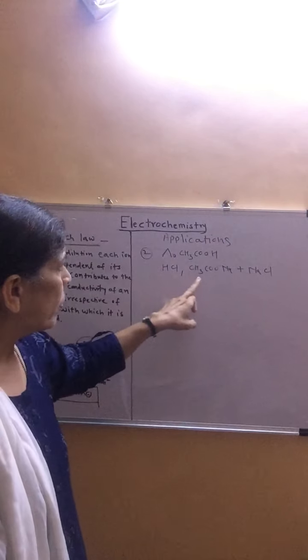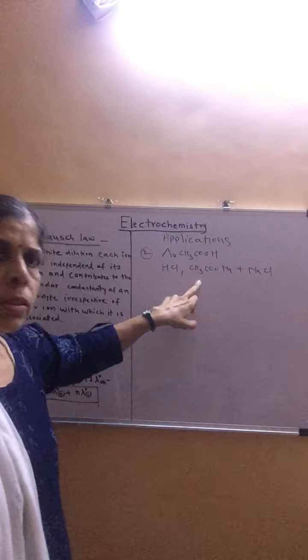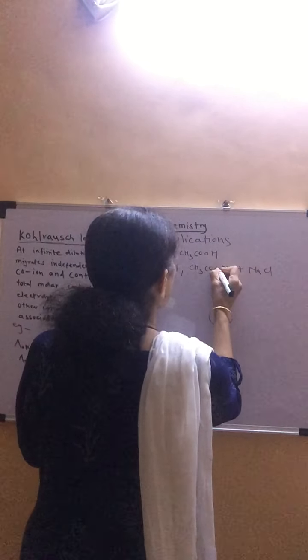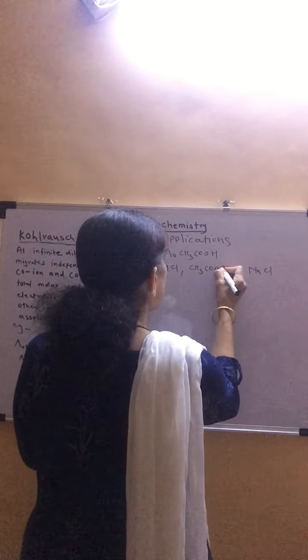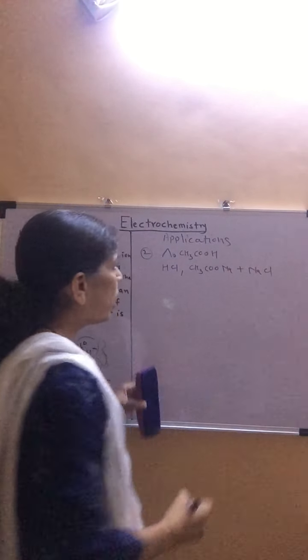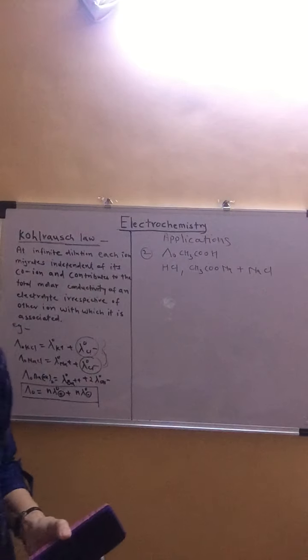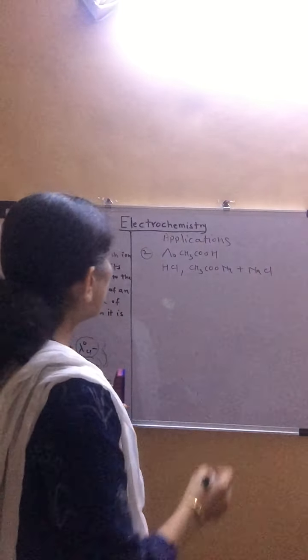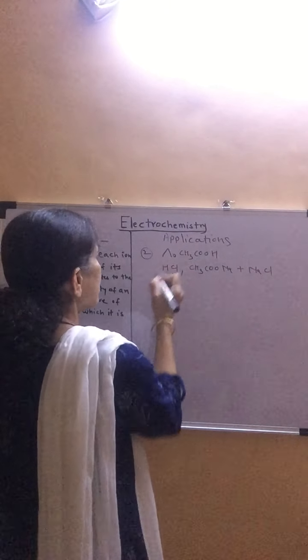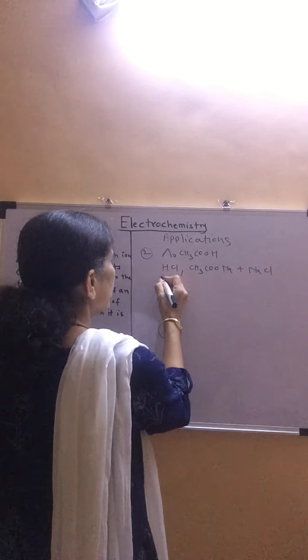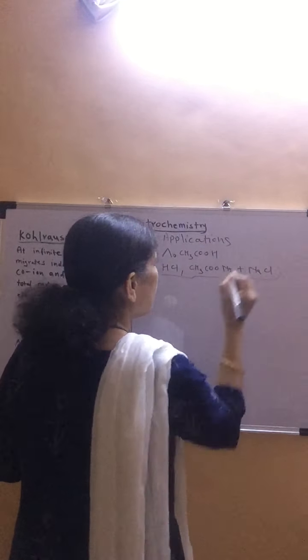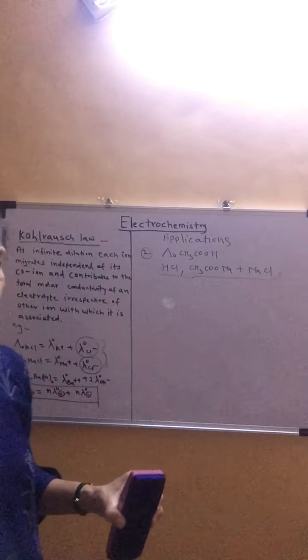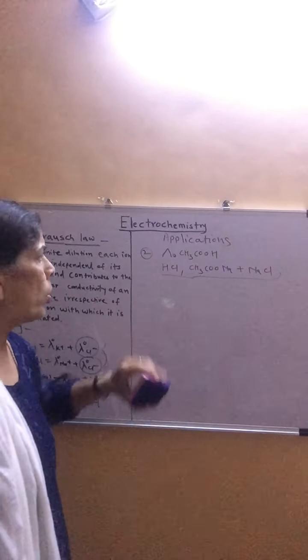Hydrochloric acid, sodium acetate and sodium chloride. So it is possible for these electrolytes to get their lambda naught values using extrapolation method because these are strong electrolytes, as we have seen in the last video. So with the help of these three electrolytes, we are able to get the lambda naught value for CH3COOH.